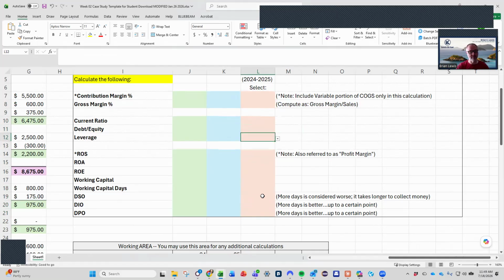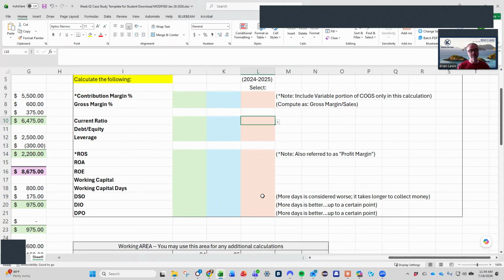Leverage, higher is better than lower. Debt to equity, that is a matter of opinion. In my opinion, the higher your debt to equity, the better, because you're leveraging your equity more. But some people like it to be within a sweet spot, and if it's not in that sweet spot, it could be bad, especially if it's over that sweet spot.